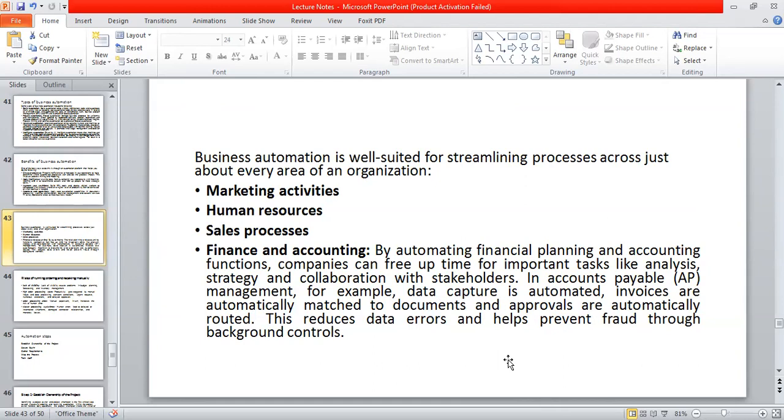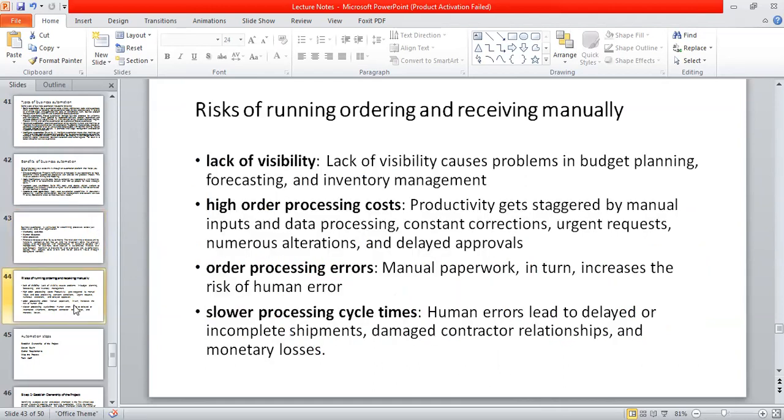This will reduce data errors and help prevent fraud through background controls and also through logs. Because usually in an automated scenario, the system will record the activity logs, who did what, when, and how. So all the activities will be recorded by the system, and this will help to minimize and manage business risk.